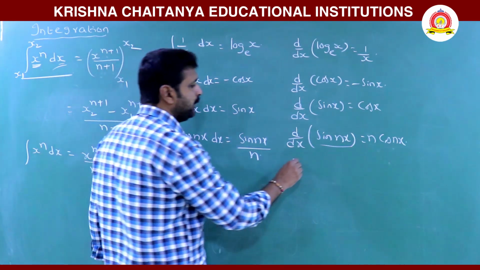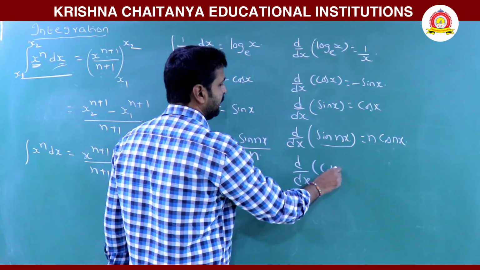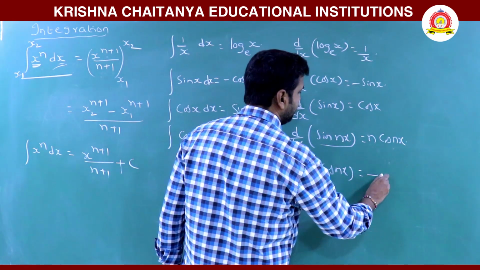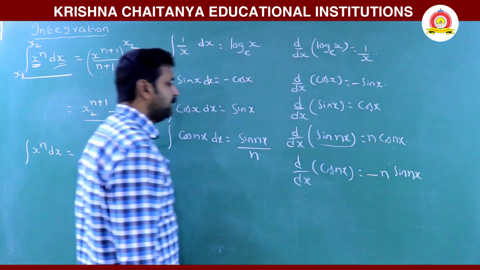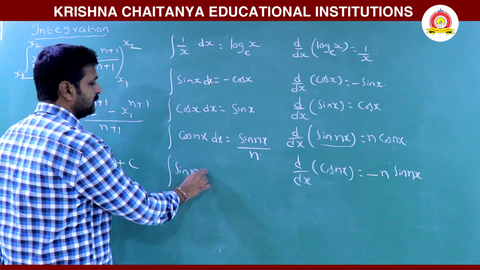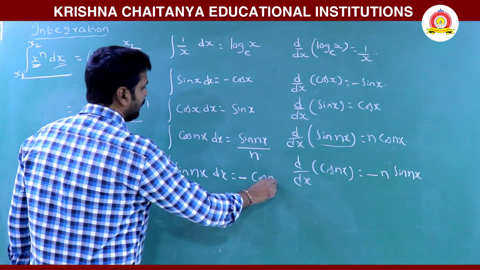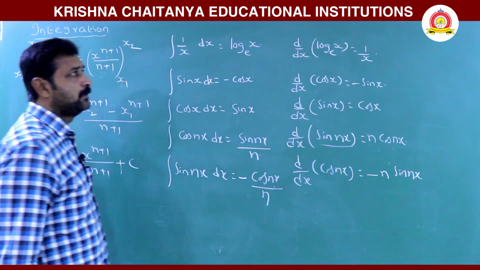Similarly, d by dx of cos nx is equal to minus n sin nx. Here integral sin nx dx is equal to minus cos nx by n.